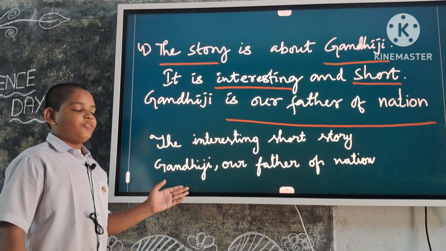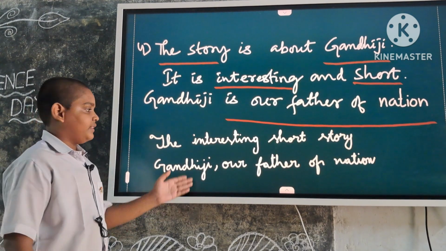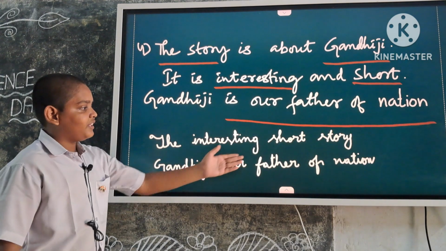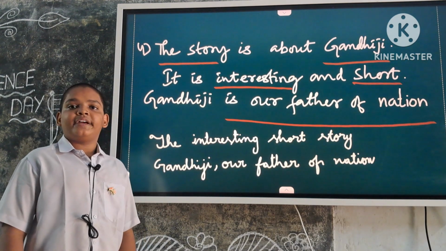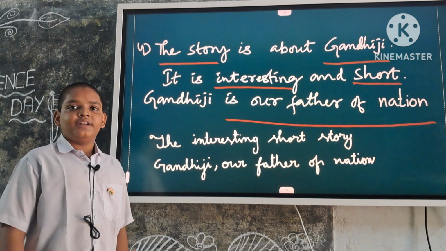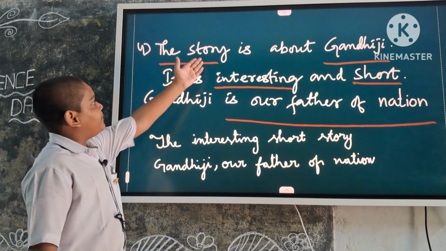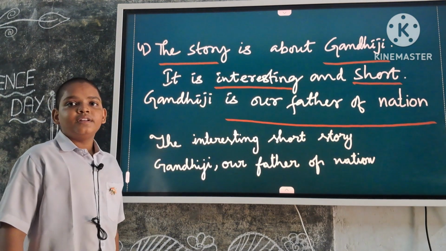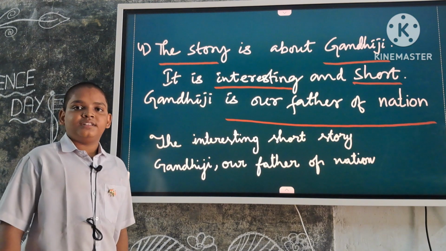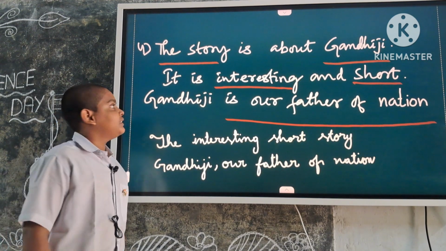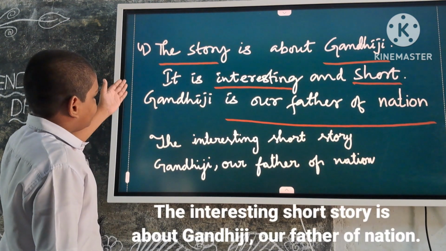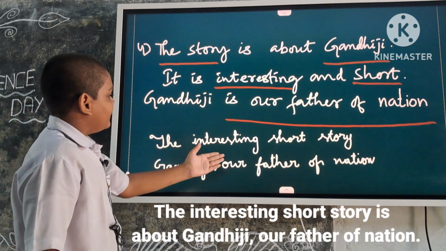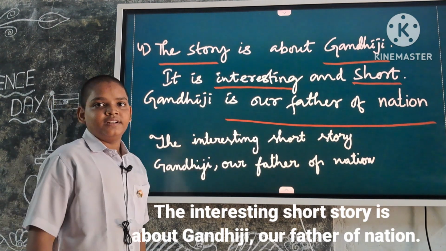The other newly formed noun phrase is Gandhiji, our father of nation. Our father of nation is a post modifier, noun in apposition. Now replace previous noun phrases with newly formed noun phrases. We get the answer. Now the answer is the interesting short story is about Gandhiji, our father of nation.